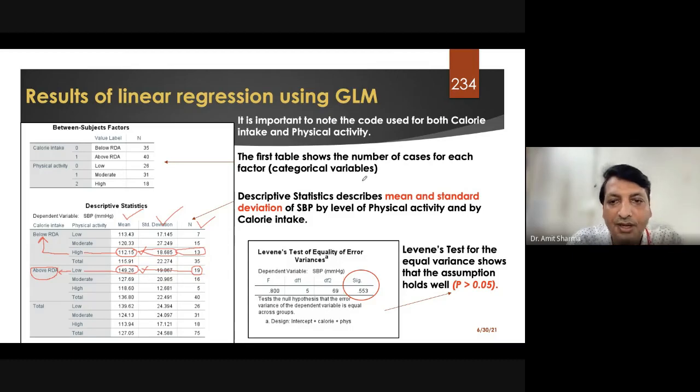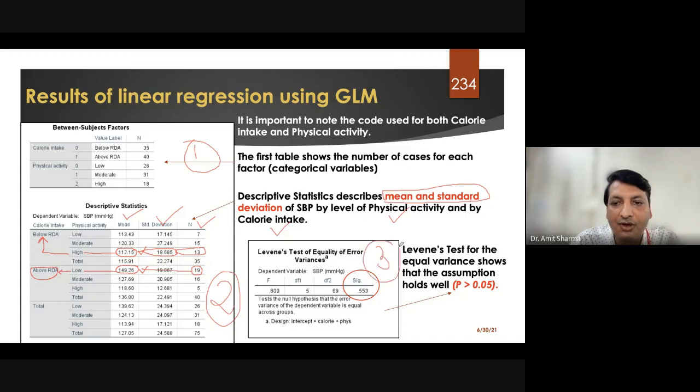So descriptive statistics describe the mean and SD of both physical activity as well as the calorie intake. And this is the first table, this is the second table, and this is the third table.